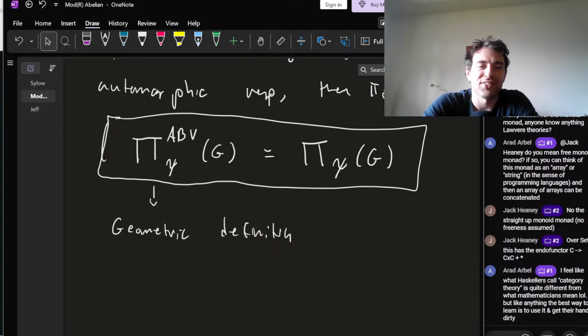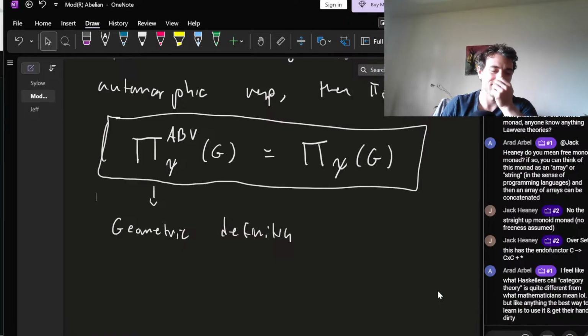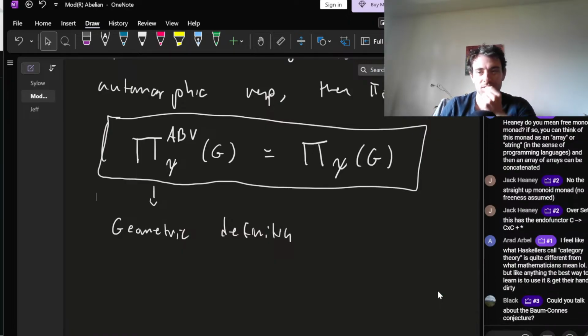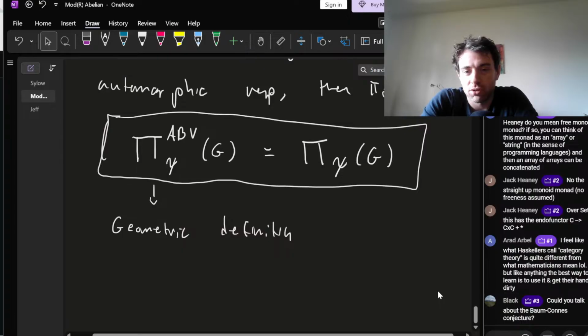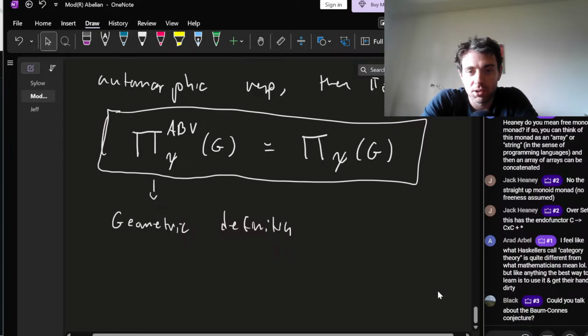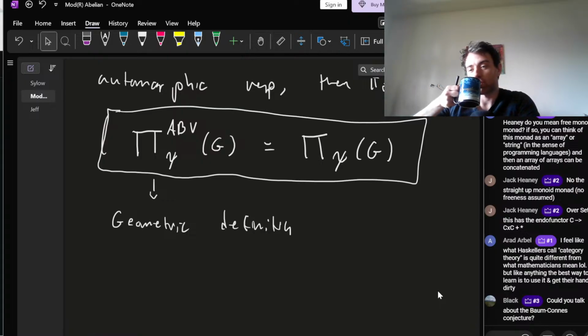And then I was like, wow, okay, that's why I was kind of wondering about other better resources on this notion, because I was like, well, okay, seems kind of wishy-washy. Could I talk about the Baum-Connes conjecture? Maybe in a moment. I don't know much about it. I'll have to pull it up, but in a moment. In a moment. Let me just finish this one train of thought here.